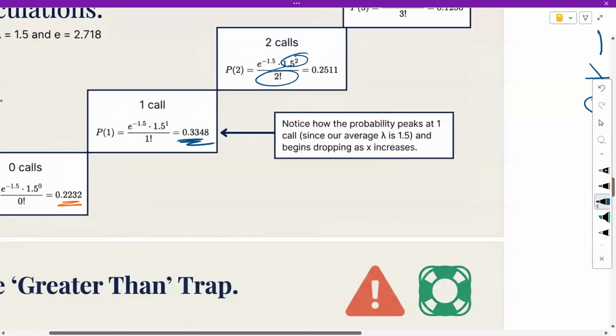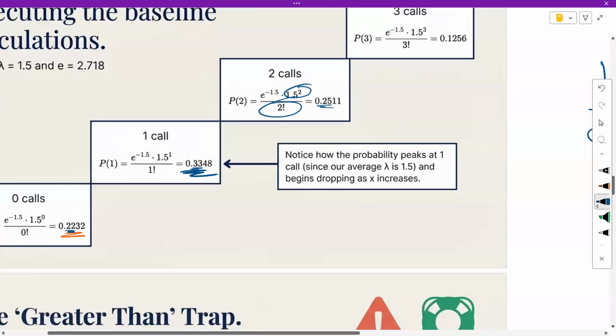Receiving 0 calls, the probability is 0.22, only 22%. Receiving 1 call, 33%. Receiving 2 calls, 25%. And receiving 3 calls in a minute, only 12%. Have you observed?